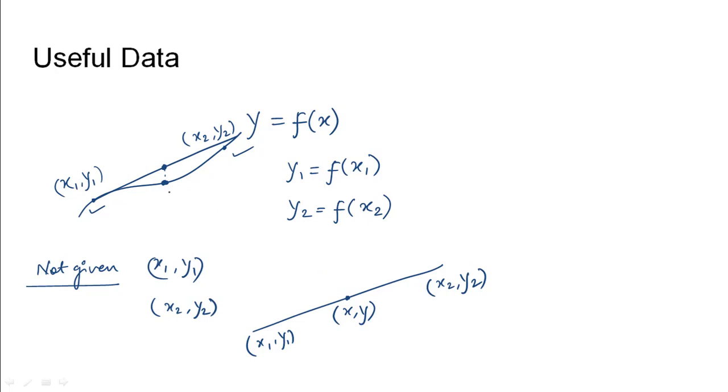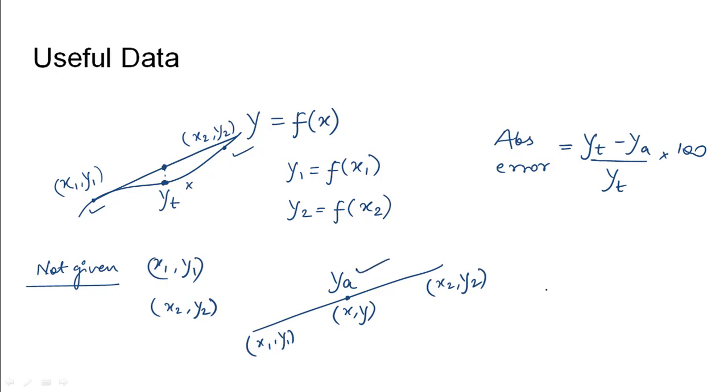Let us call the true value at the general point x as yt, and the approximated value as ya. The absolute error between these 2 values can be found as (yt minus ya) over yt into 100. For finding the approximated value ya, one needs the equation of a straight line, which is y minus y naught equals slope m into x minus x naught.